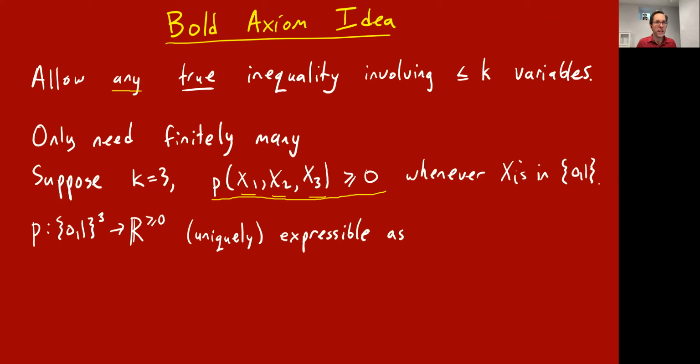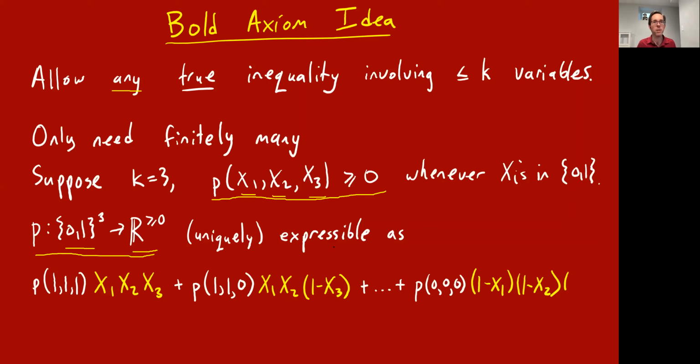Think for a moment of p not as a formal polynomial, but as really a function that maps 3 0, 1 bits to a non-negative number. It must do this because I'm imagining that it's truly non-negative for all these 8 choices. And it's a fact that any such function is uniquely expressible as a multilinear polynomial.